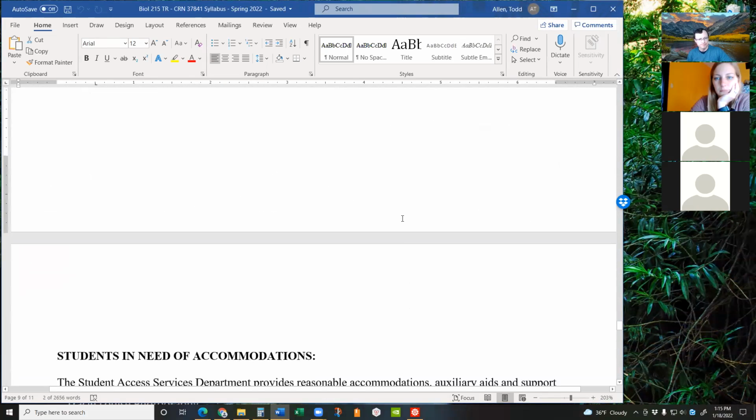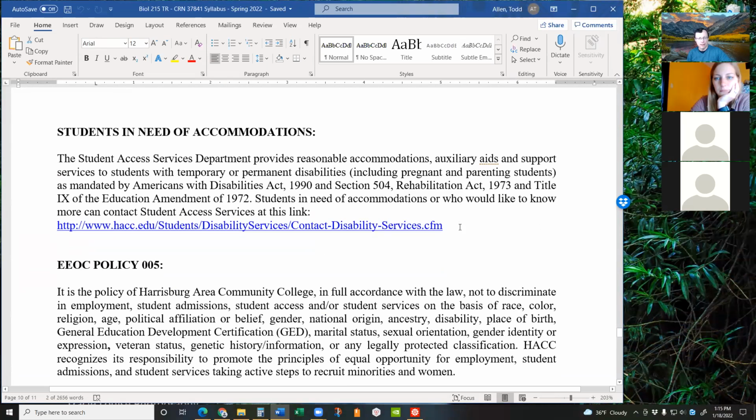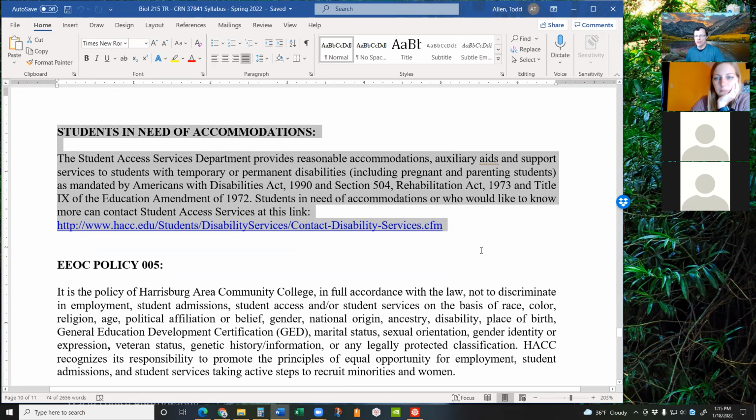All right, students in need of accommodations. If you yourself need an accommodation, well, what would an accommodation be? An accommodation might be that you have a learning disability such as dyslexia, right?